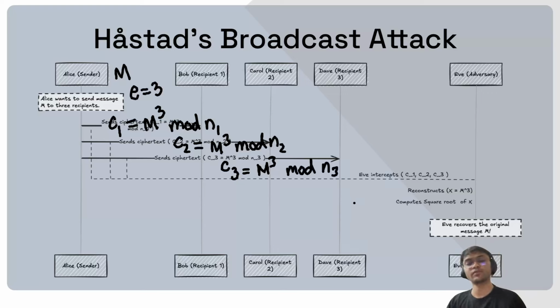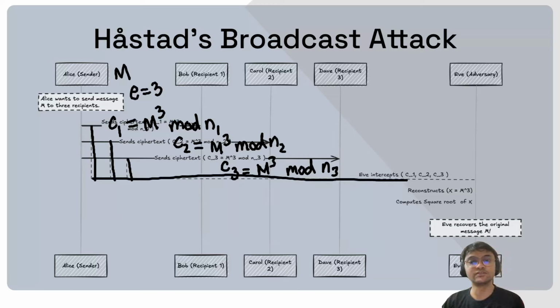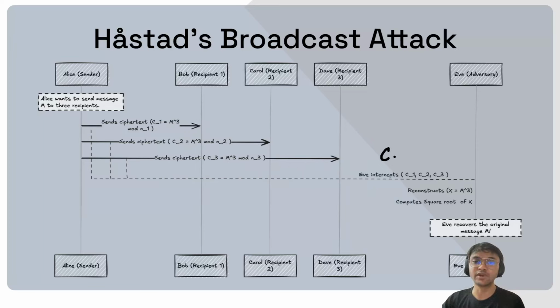Now at this point, the channel is insecure, and Eve is able to intercept all of these ciphertexts through one of the mechanisms, such as a man-in-the-middle attack. So Eve intercepts all 3 ciphertexts and has C1, C2, C3. Let us also recollect that the public exponent and the moduli are public knowledge.